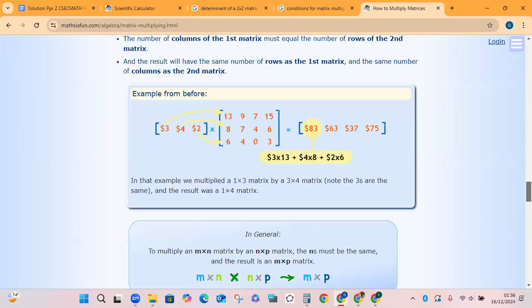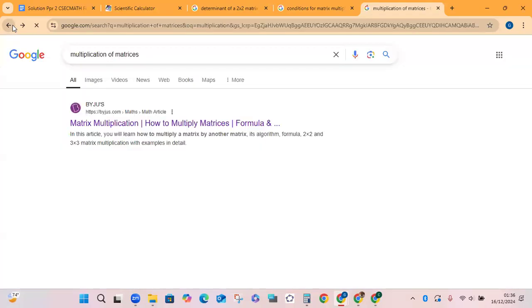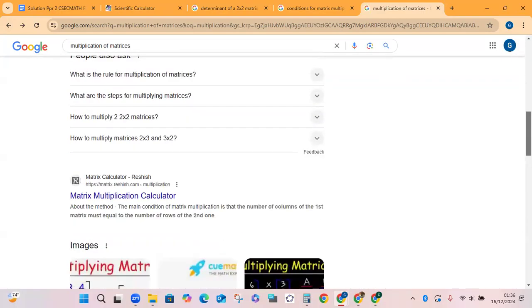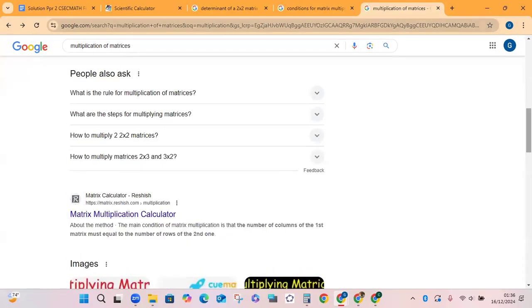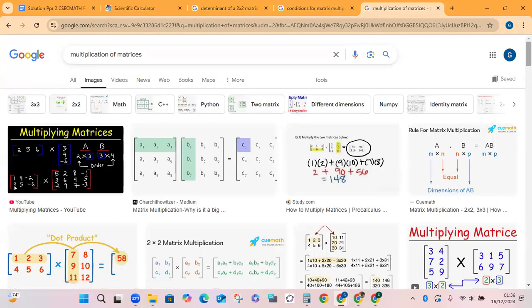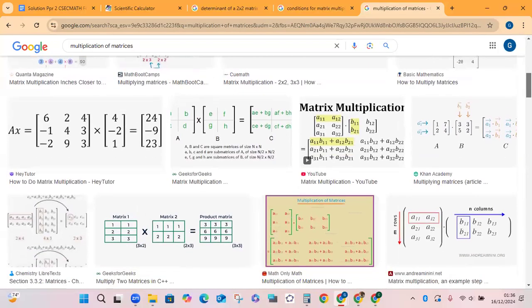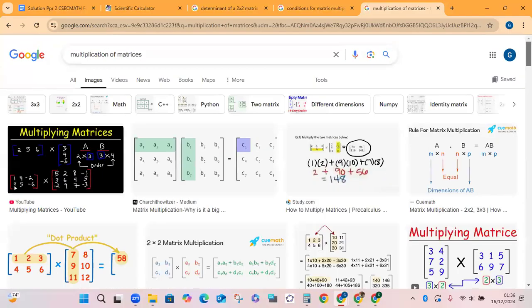This one is a little bit theoretical, and multiplication of matrices must have addition in it. Okay, let's go into images. It's rows by columns. The elements in the rows times the elements in the columns, and you have to add. Okay, so I'm just looking for an example. Okay, here.